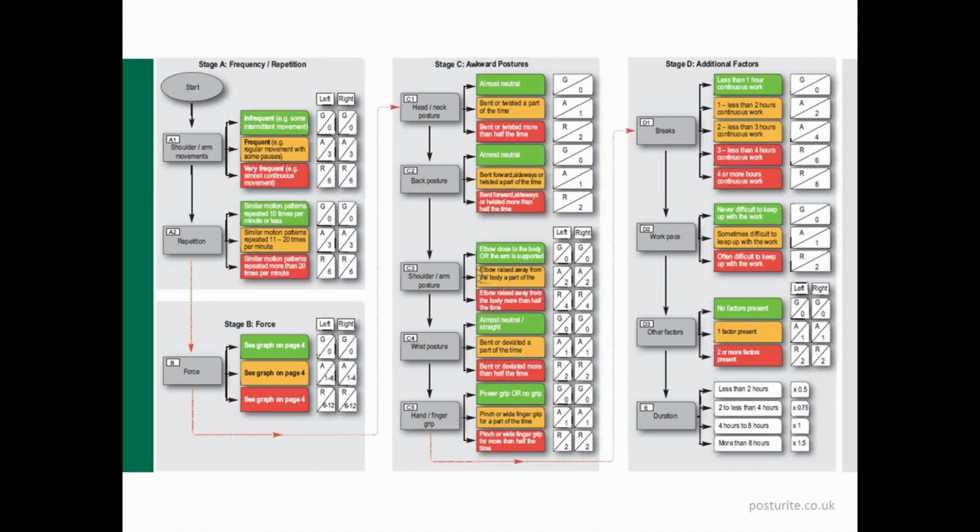And with the upper limbs, the ART tool allows us to score those particular risk factors for either the left or the right hand, to score them differently for each hand or each arm if that's appropriate. And this at the end of the day gives you some good idea of whether you've got a preponderance of reds or ambers or whatever, and attached to that will be a certain score given, which is often quite useful when you're talking to the engineering department who love to have figures presented to them.